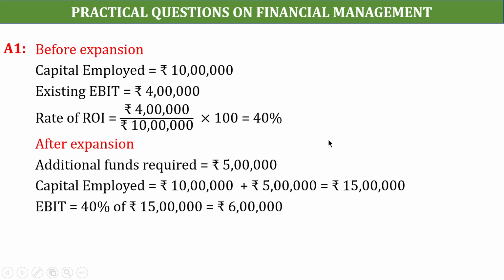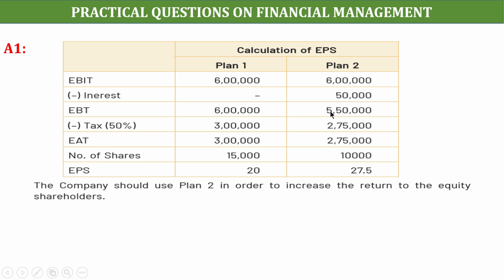So 10% of 5 lakh rupees would be 50,000. So earning after interest will be rupees 5 lakh 50,000. On 5 lakh 50,000, we will pay income tax at 50%. 50% of 5 lakh 50,000 is rupees 2 lakh 75,000. Now earning after interest and tax is rupees 2 lakh 75,000.